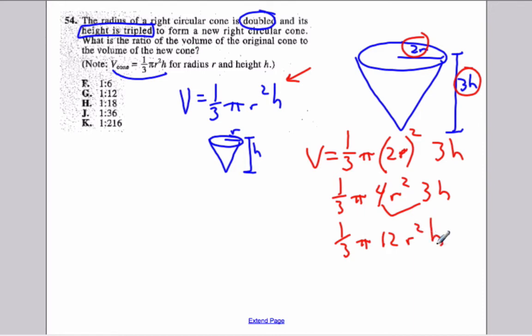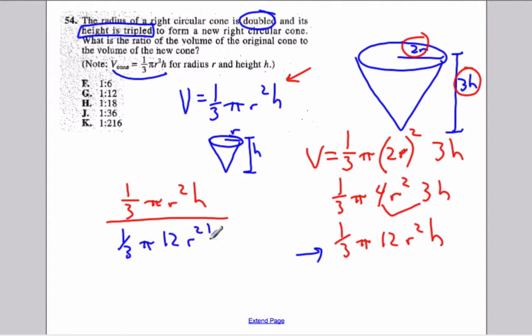Okay, so how does that figure small cone to original cone to big cone? So I'm going to write the volume of the original, which is 1/3 pi r squared h, to the volume of the second, which is this one, 1/3 pi times 12 r squared h.